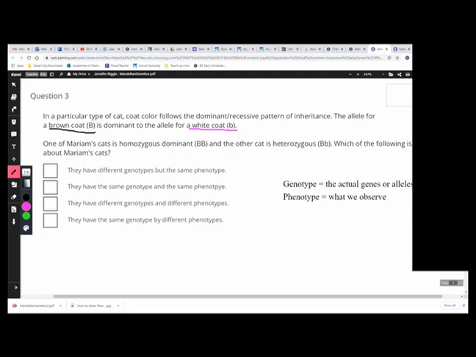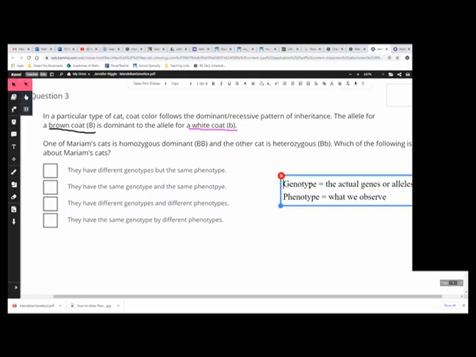I'm not just looking for the answers. The assignment from Wednesday is looking for the answers. This one is looking to see if you can demonstrate how you got the answer. So feel free to add this text box right here. Genotype is the actual genes or alleles. The phenotype is what we observe.